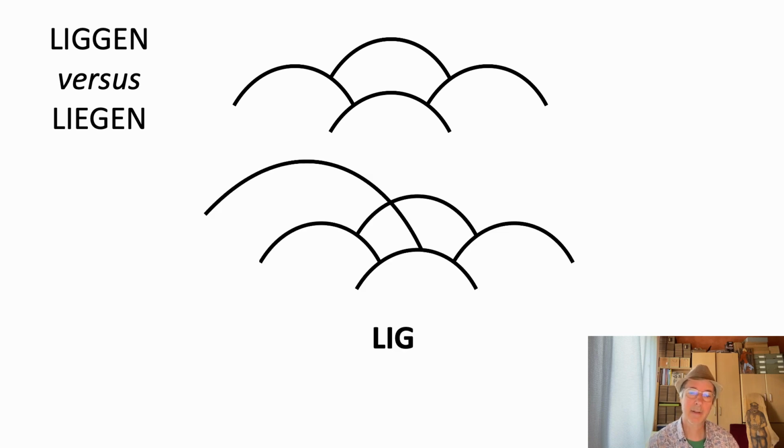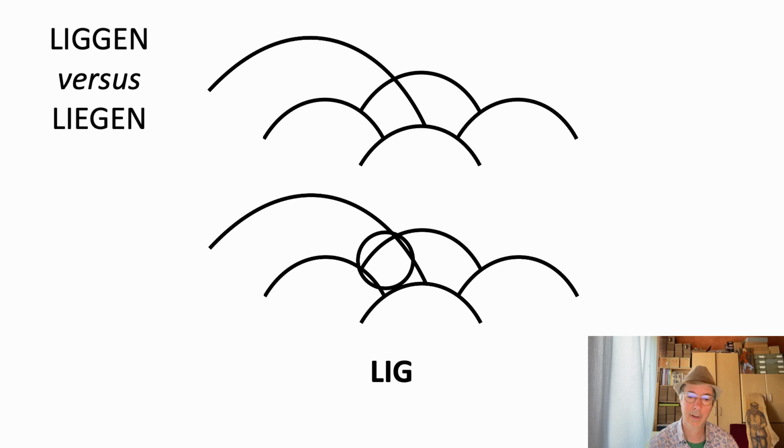And lig then is this very simple expression. So it's the L, the E and the G. So lig is close on top. It is a little bit like it's lying on top. That's more the word of liggen. So the region where it is focused upon is somewhere there.